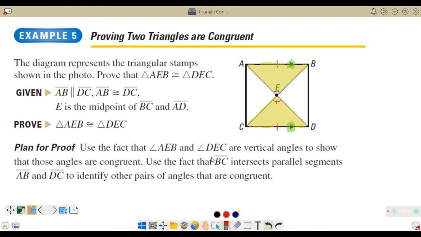And then, use the fact that BC intersects parallel segments AB and DC to identify other pairs of angles that are congruent. So, ito, BC intersecting AB. Gagamit tayo ng idea ng transversals at saka yung mga special angle pairs natin such as alternate interior angles. Yan. Ito yung mga kailangan pala natin gamitin.